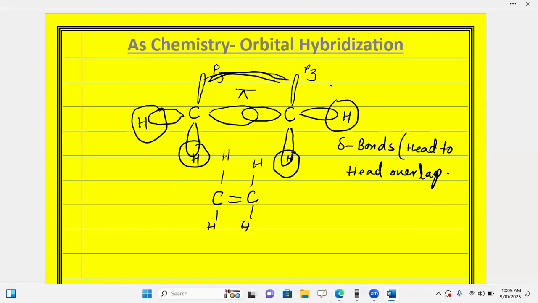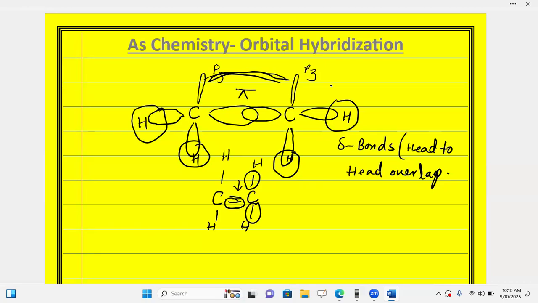So I can say here sp2 is showing its behavior by the single covalent bond between carbon and carbon, the bonds to hydrogen, and one pi bond is being taken into account.